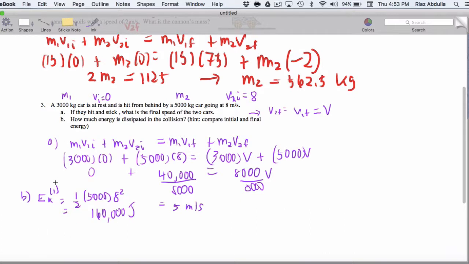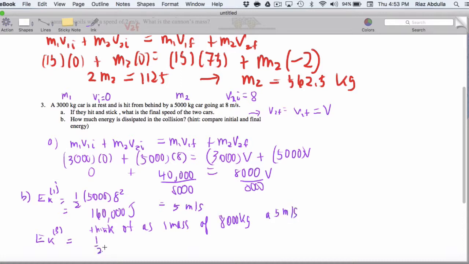Now, the final kinetic energy: the cars hit and stick, so let's just count them as one mass of 8,000 kilograms at 5 meters per second.